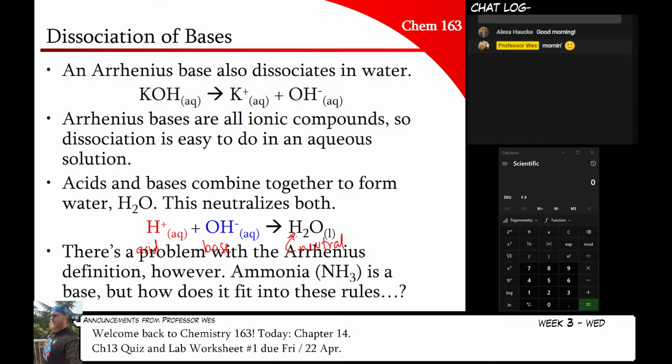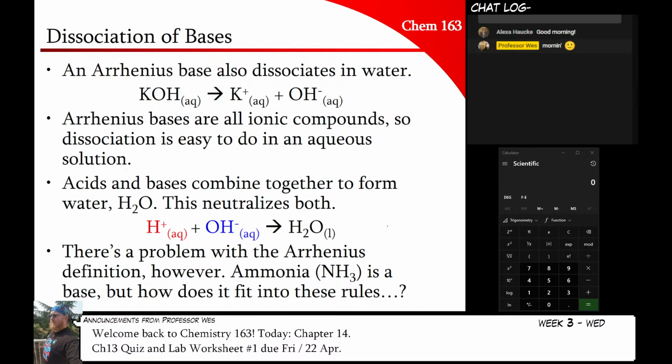All right. Now, the Arrhenius definition of bases is, again, great for a first glance at something. You can very quickly tell if something is an acid or a base, whether it contains H plus in the front of the formula or hydroxide somewhere in the formula. But the issue that we run into with the Arrhenius definition of bases is that it doesn't predict all bases.